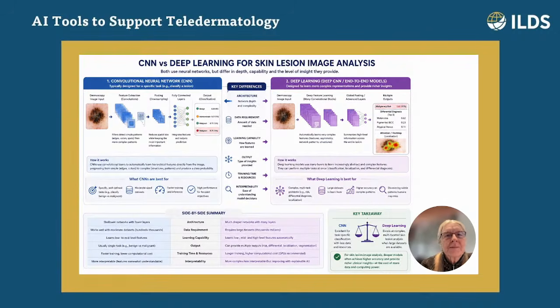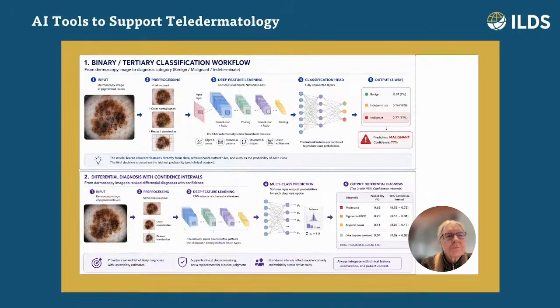learn more complex representations and result in more detailed results, such as a differential diagnosis rather than just a binary outcome. The deep learning needs a lot more images and can learn from features automatically.